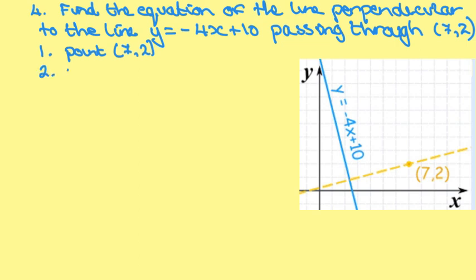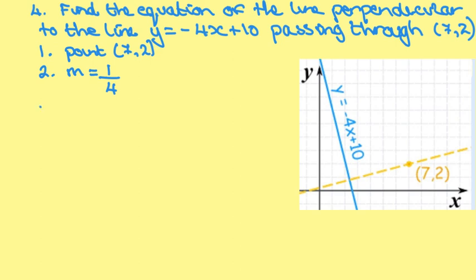Second thing we need is a gradient, which we can get from the line y equals minus 4x plus 10. Because they are perpendicular, we know it is the negative reciprocal, so it is already negative, so we make it positive, and the reciprocal of 4 is 1 over 4.